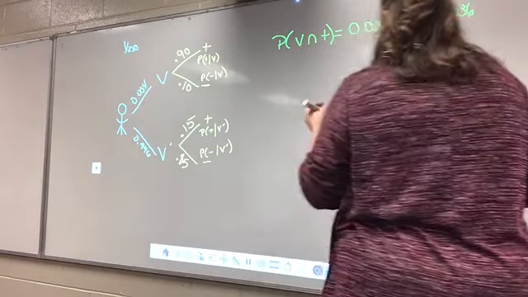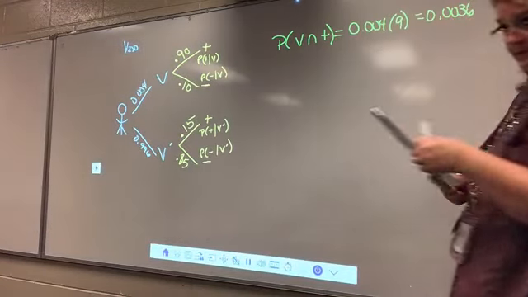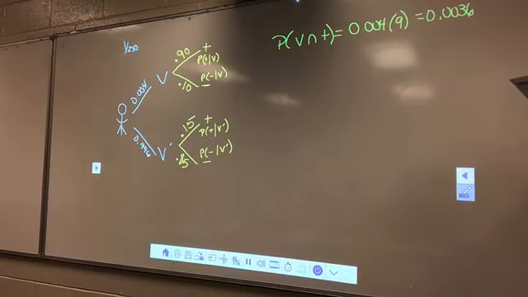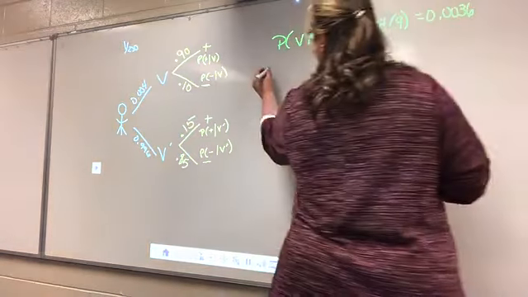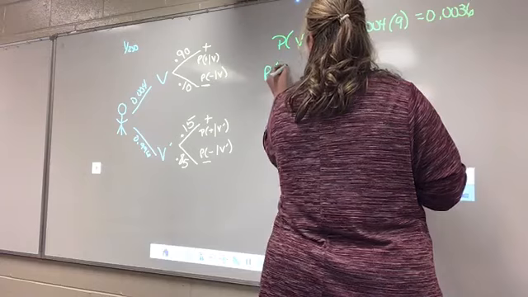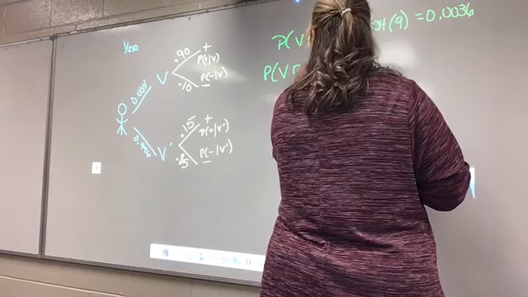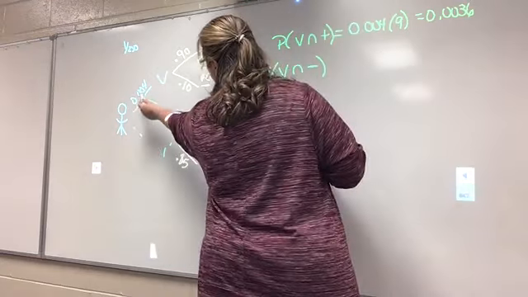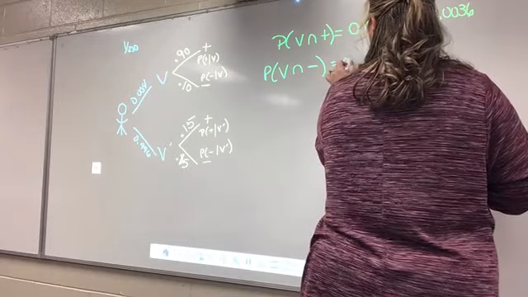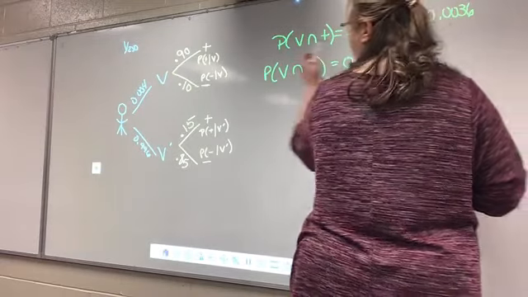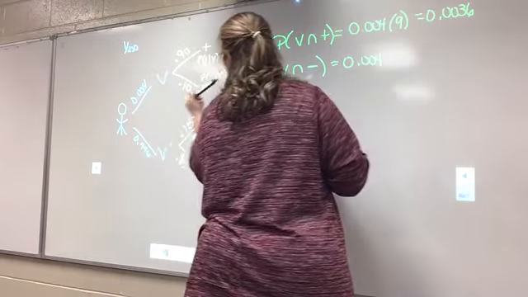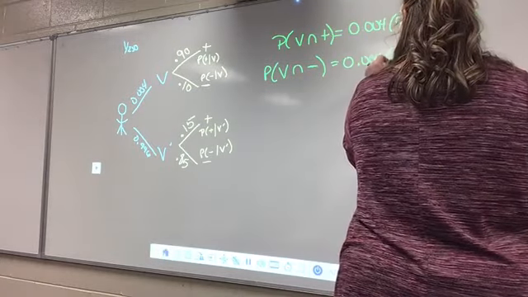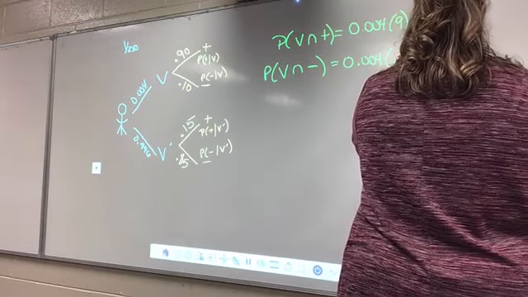Okay? Would you agree? Okay. What's the next one? Virus and testing negative. So that's this one. So I got virus, which is 0.004, and negative, which is 0.10.